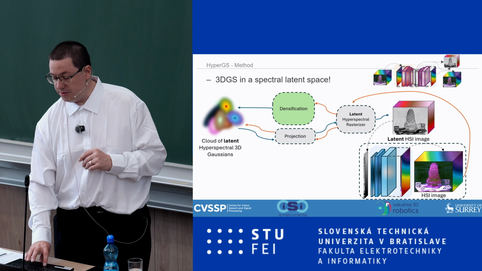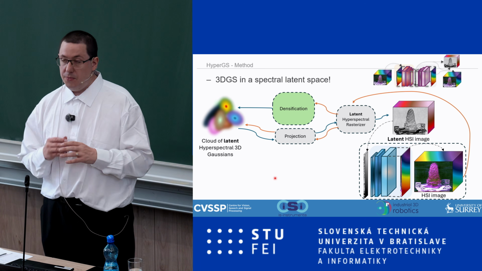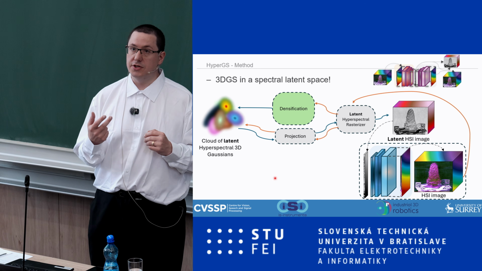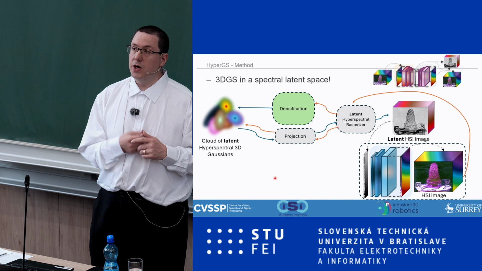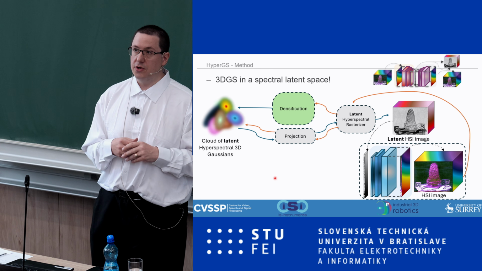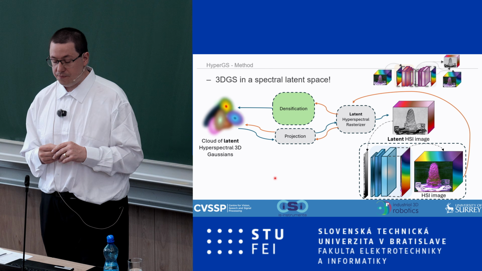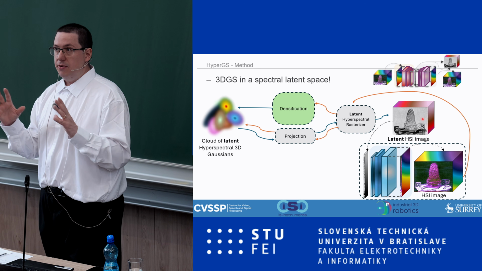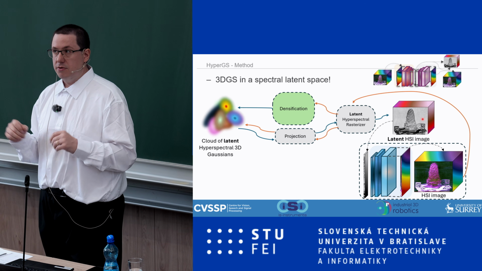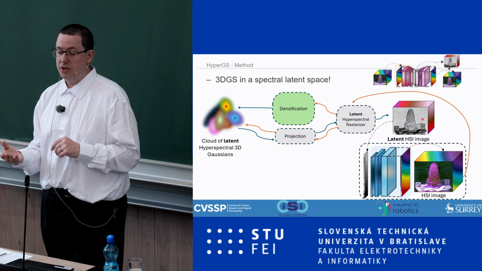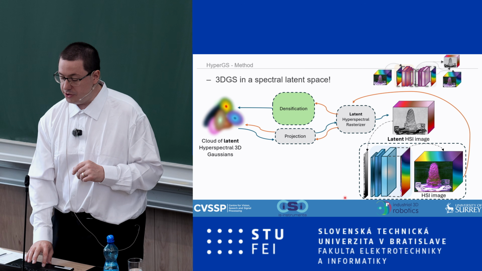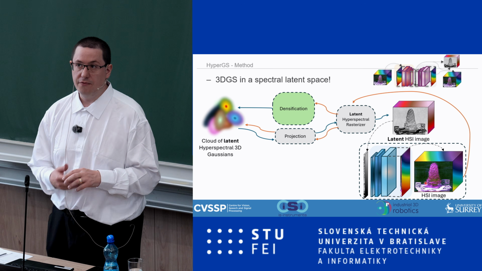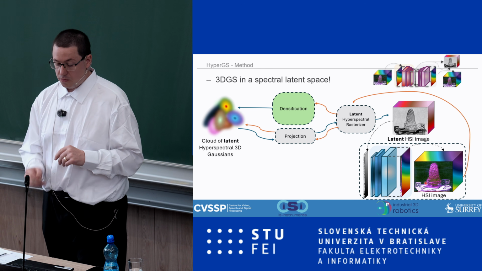I learn a latent space, and then I say all of my Gaussians are going to have a signature associated with them, which represents what their appearance should look like in the latent spectral space. I can then render that Gaussian cloud, and my rasterizer will give me out a latent hyperspectral image. I can push it through my pre-trained decoder and get back out the full hyperspectral image.